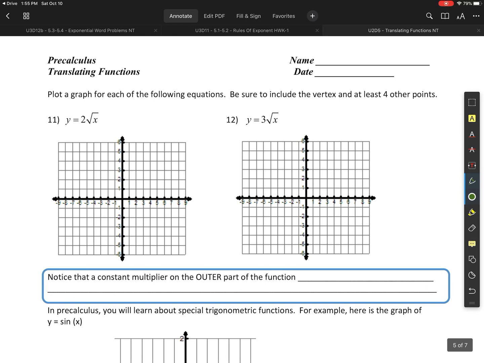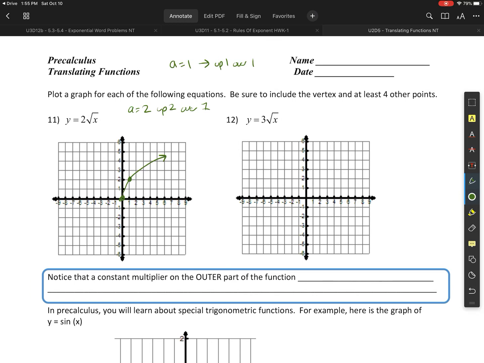So this is what I was talking about before with the A value. When A is 1, I go up 1, over 1. When A is 2, I'm going to go up 2, over 1. So my initial point at the vertex, up 2 over 1, there's my new graph.